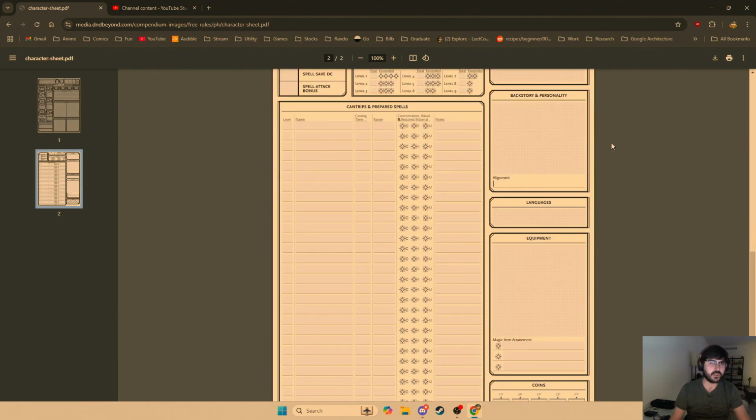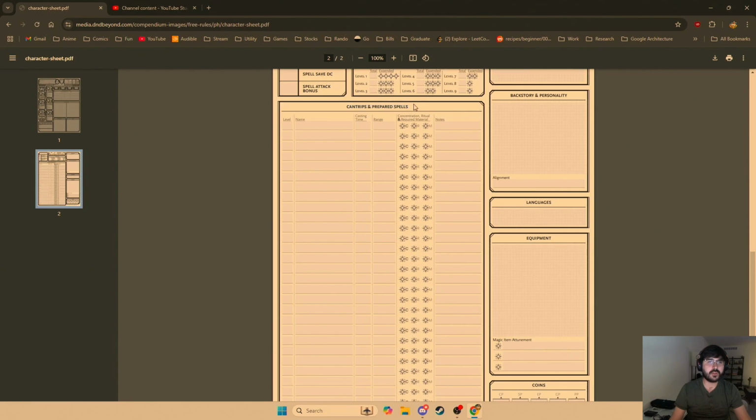I believe that's the chart. I'm blanking on it a little bit. What languages do you have? Do you speak Dwarven? Do you speak Common? Do you speak a specific type of Elvish or Arcana or whatever, like the demon languages? Can you speak those languages?